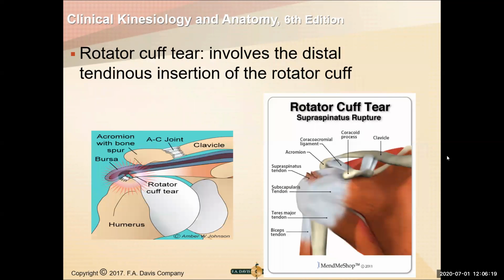Here are rotator cuff tears. All this stuff can happen, and this is kind of a supraspinatus tear here. You can get a teres tear, you can get a subscap tear. Any of those can happen. I will say, again anecdotally, that if the patient has had a tear, I have found that my patients have gotten better just with traditional treatment and physical therapy than they do when they go in for surgery.